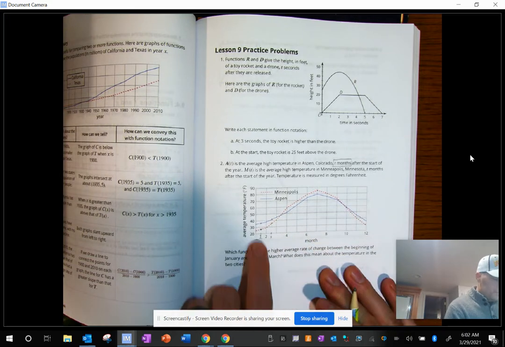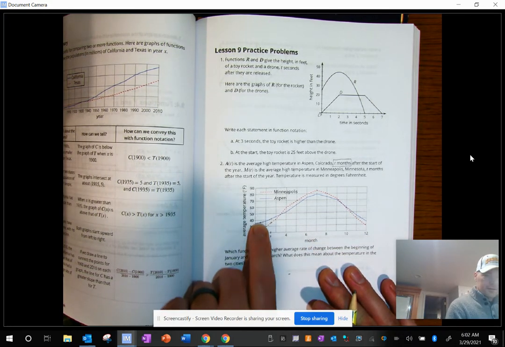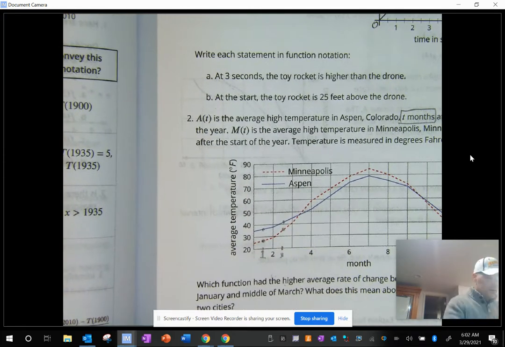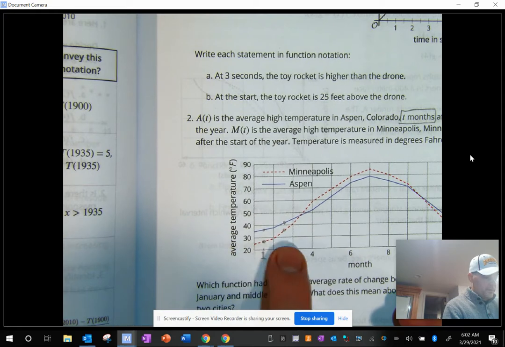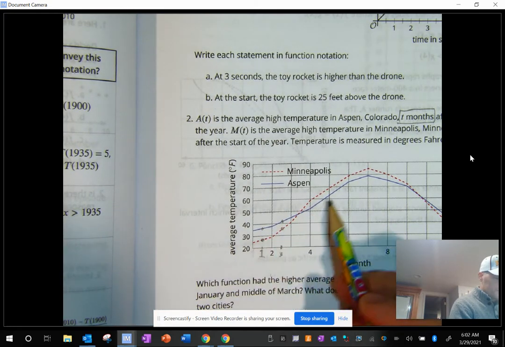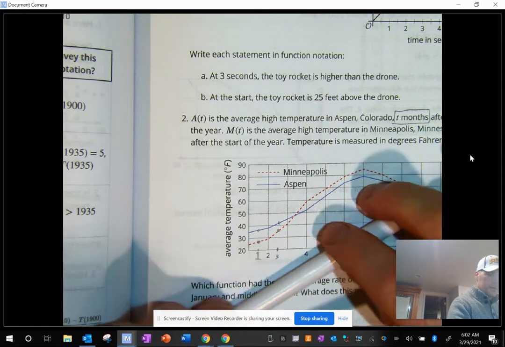All right, now already looking at this, it looks like these two dots are further apart. These two dots right here are further apart than these two dots. So it looks like this red one is going to be going up faster than this blue one, but we can always draw our line to check that out. So I'm just grabbing any kind of straight edge.